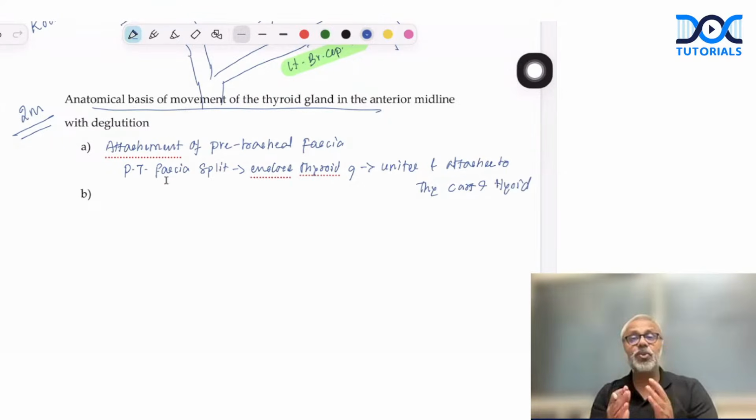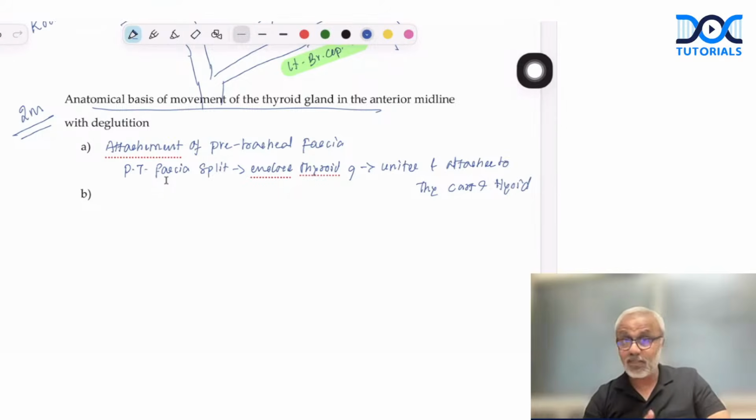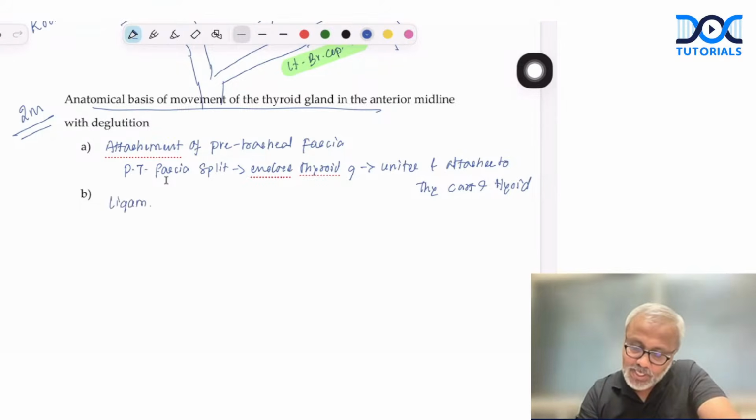So what happens to the pretracheal fascia is at the lower border, it splits into 2 layers, encloses the thyroid gland, unites at the upper border, then attaches to the thyroid cartilage and the hyoid bone. So every time we swallow, the hyoid moves, right? Along with the hyoid, the thyroid gland is also moved up. One reason.